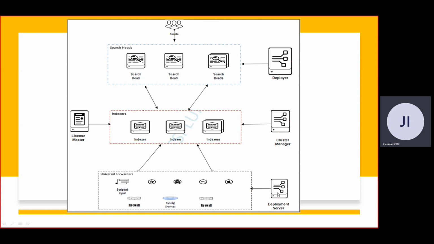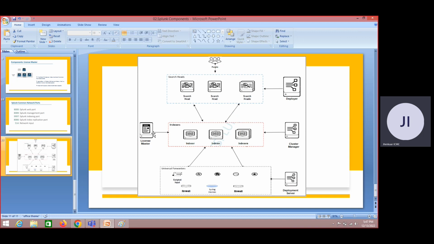Similarly, the deployment server is a master to all the applications, by which I mean all the universal forwarders and heavy forwarders installed on the respective application servers. And the license master will keep an eye on search heads and indexers, and as and when it finds some breaches, it will throw an error on the respective indexer.